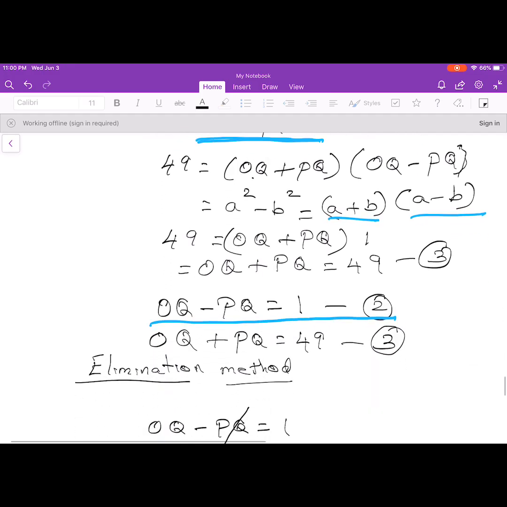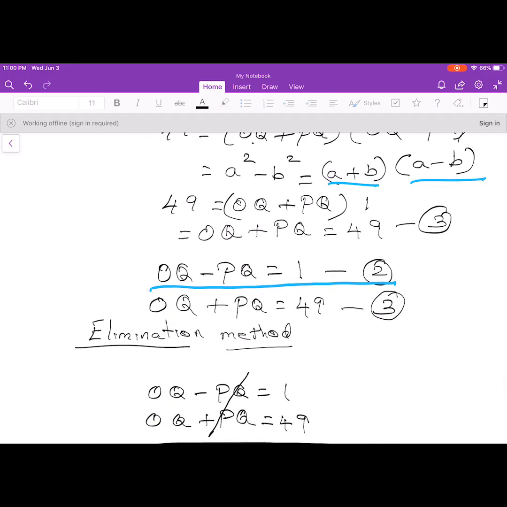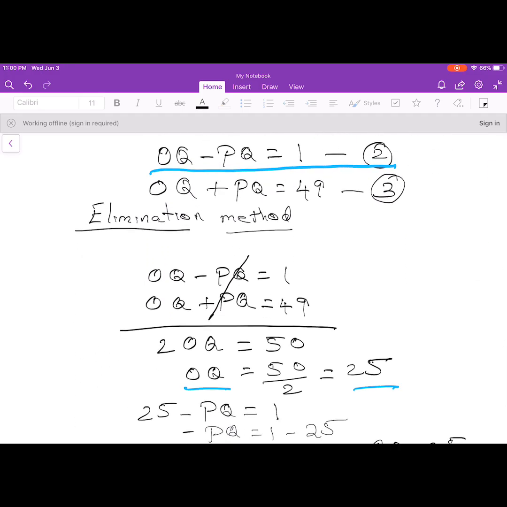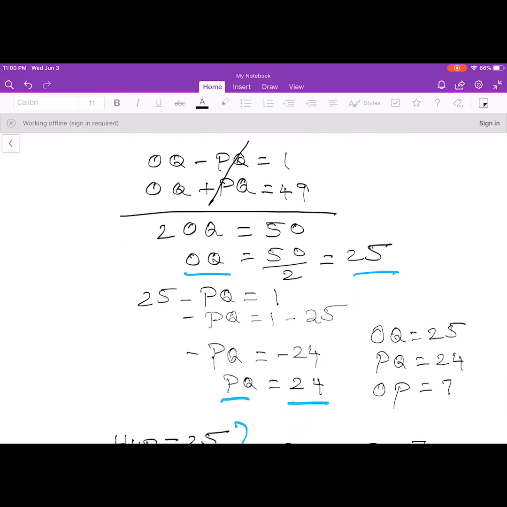I am using the elimination method for the solution. You can use any method. So I got 2 OQ is 50 and OQ as 25. By substituting in equation 2, I got PQ as 24. This elimination method you have studied in your earlier classes.